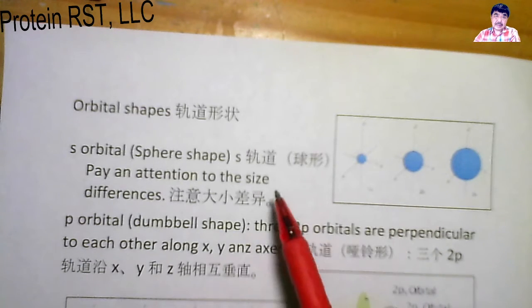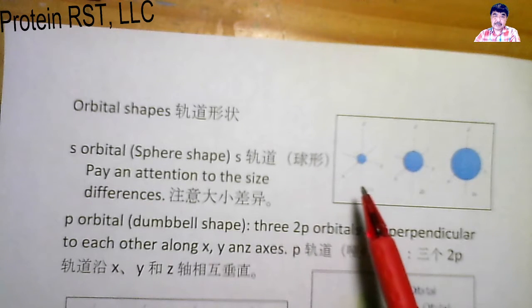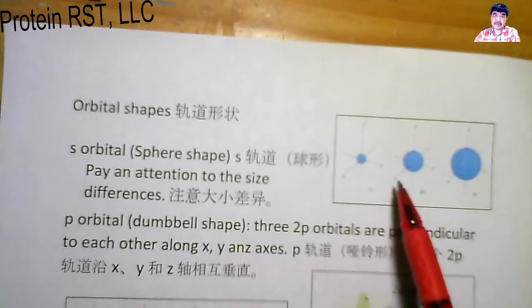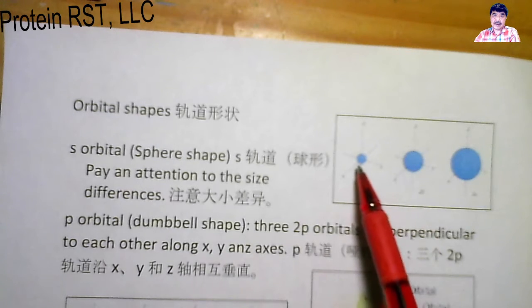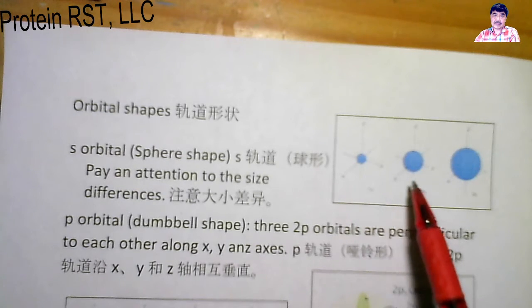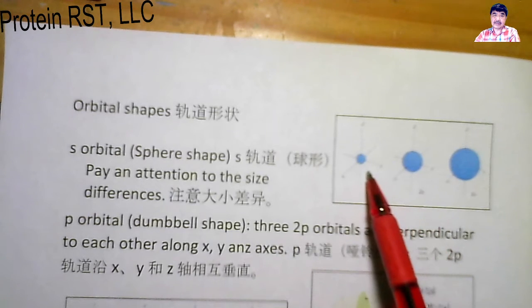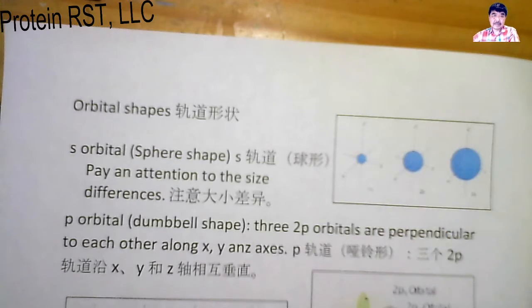Every shell has an s orbital, but the s orbitals on different shells have different sizes. Let's say this is 1s, this is 2s, this is 3s. This 2s is bigger than 1s, and 3s is bigger than 2s.